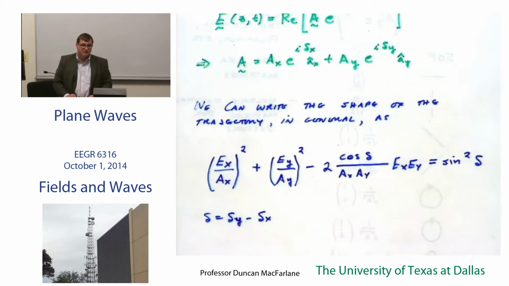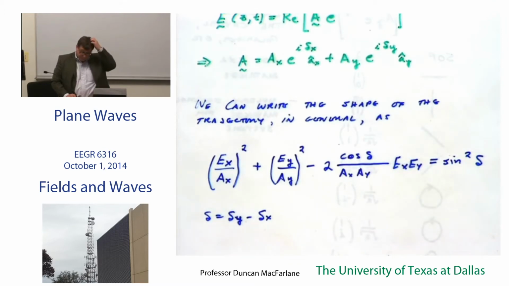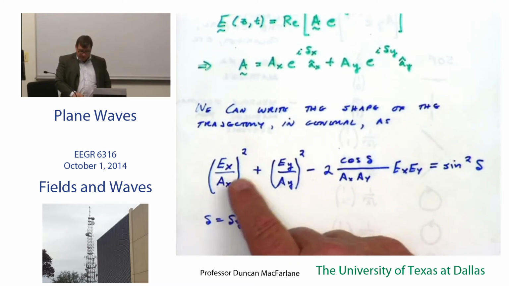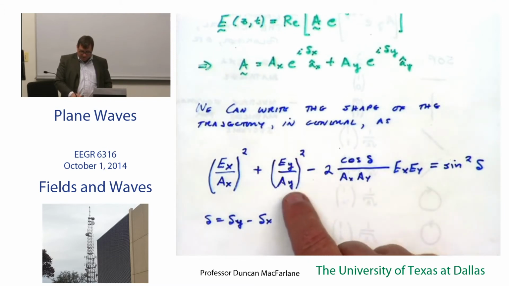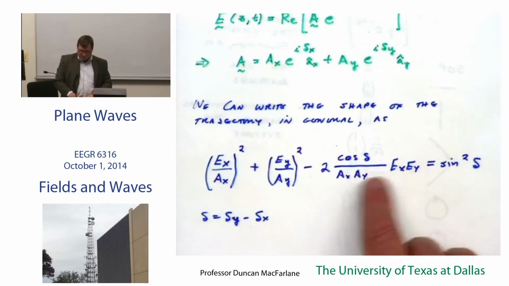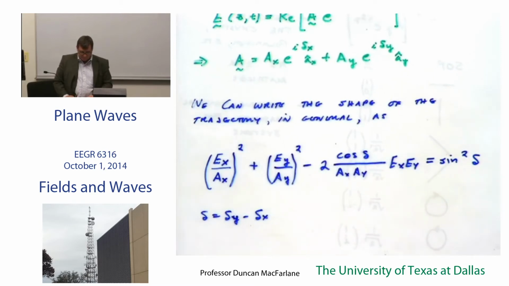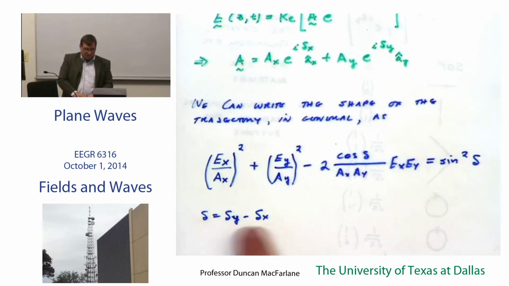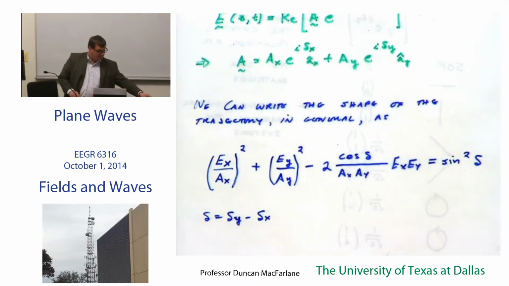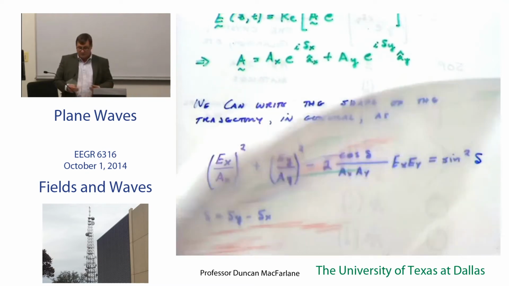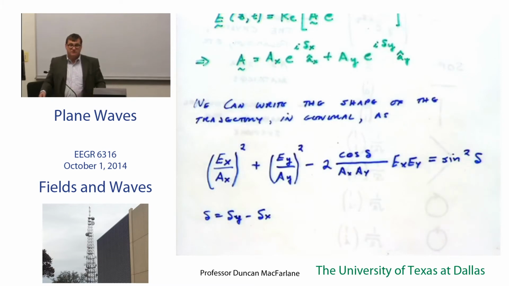Okay. So Ex over Ax, Ey over Ay, and then here's my ellipticity term. And this delta is equal to the relative phase shift. I think I have these notes on my webpage.